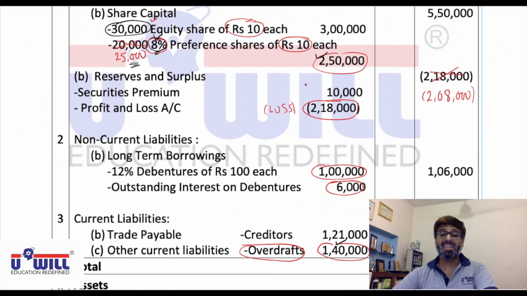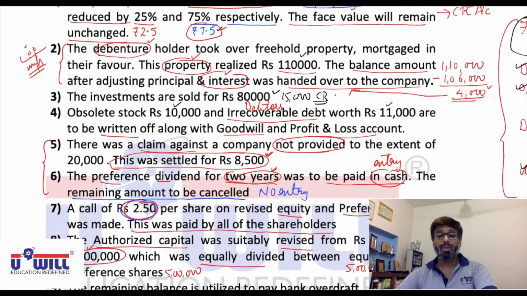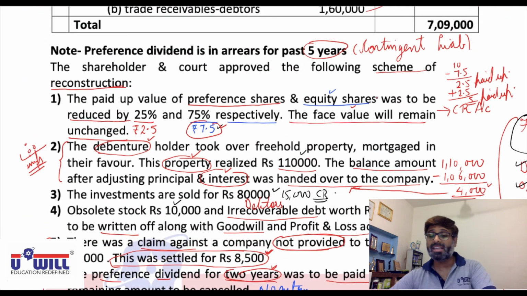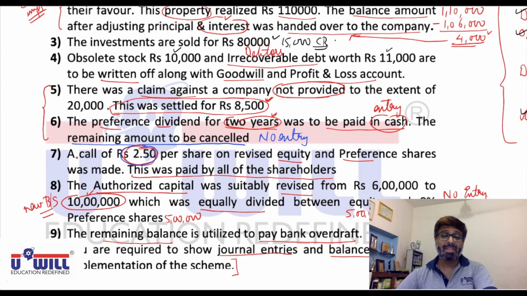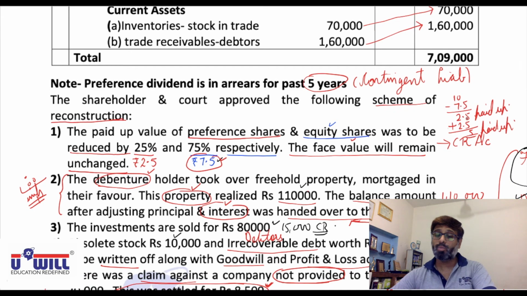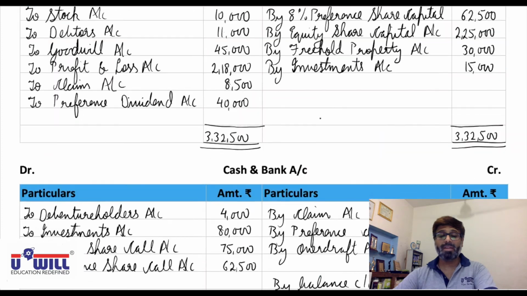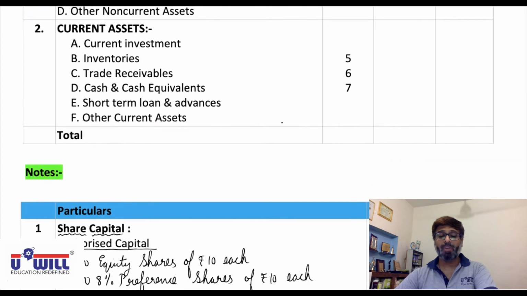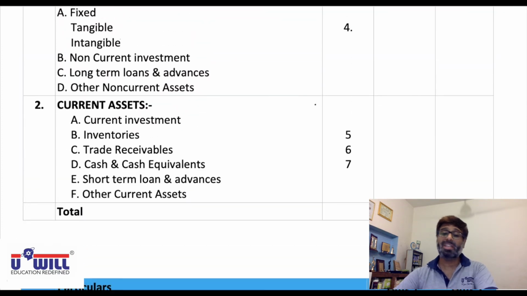10 rupees was the face value of equity shares, from which they sacrificed 7.5. So 10 minus 7.5, they became 2.5 paid up. And as per adjustment 7, again the company called 2.5 rupees from them. So 2.5 plus 2.5, they became 5 paid up. So now we have 30,000 equity shares of rupees 10 each, but 5 paid up, 1,50,000.